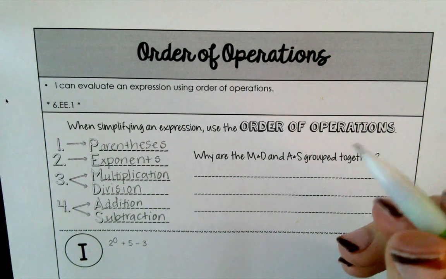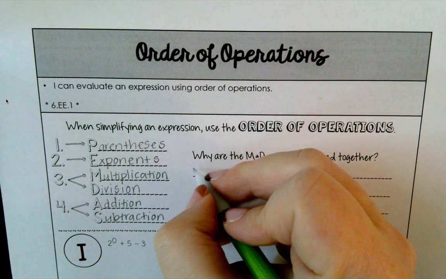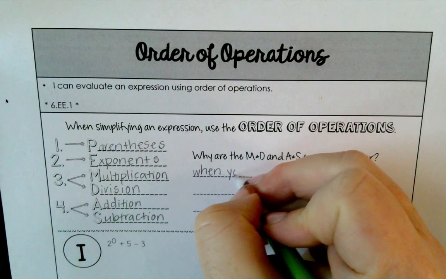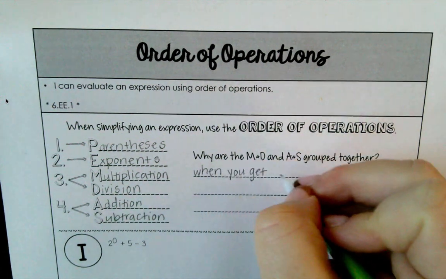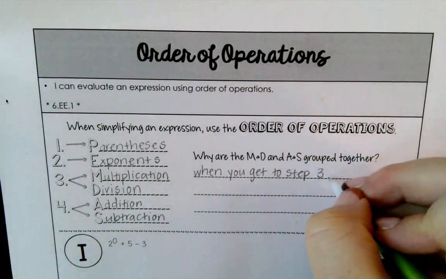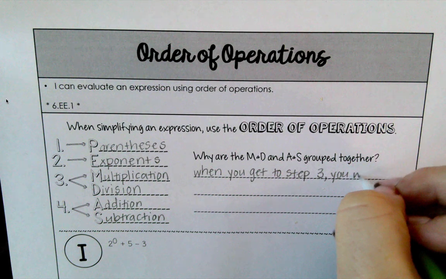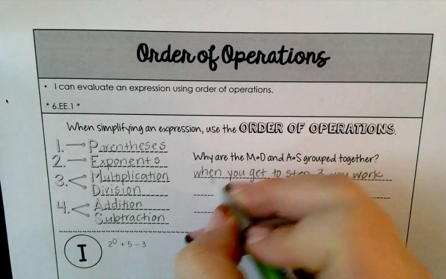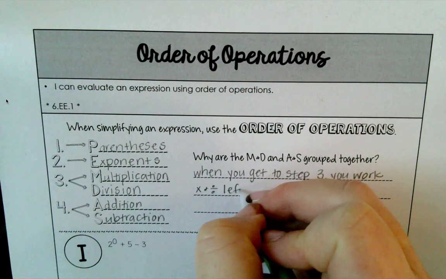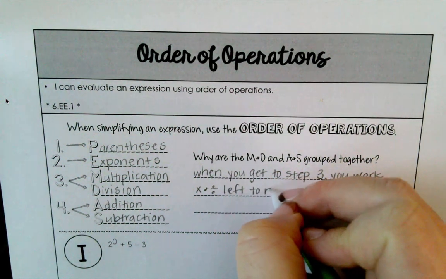Well, because when you get to step 3, you work multiplying and dividing left to right till they're gone.